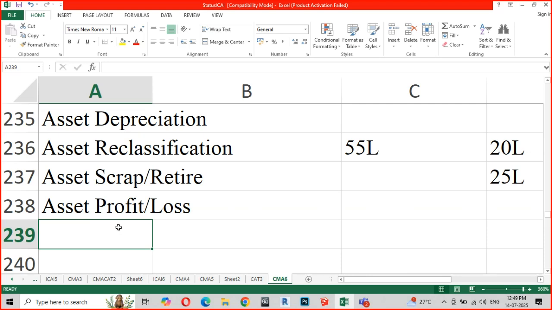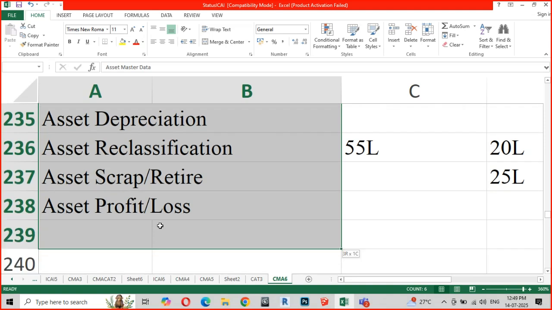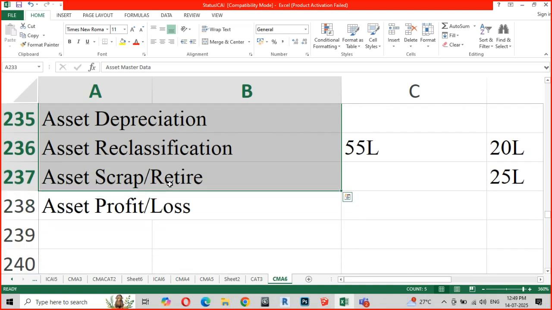So these are the necessary life cycle steps involved in your asset accounting.